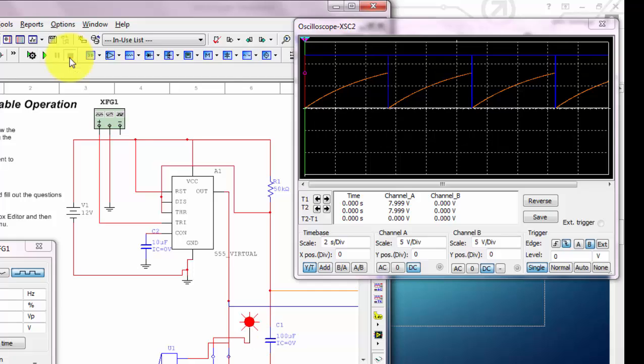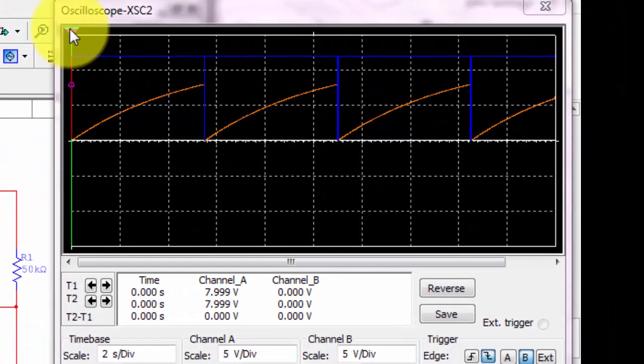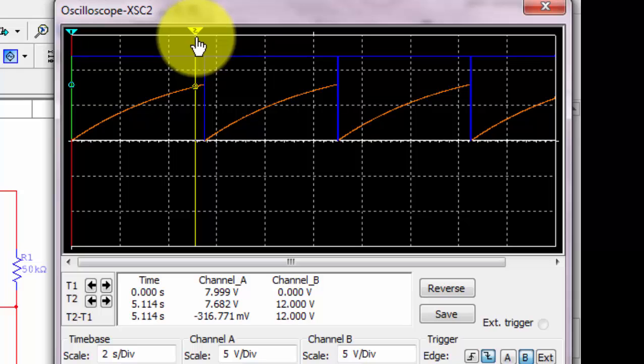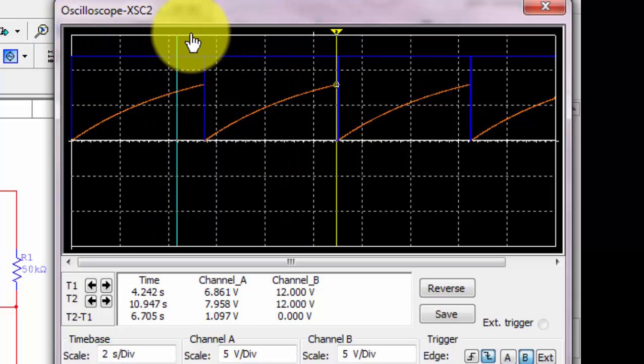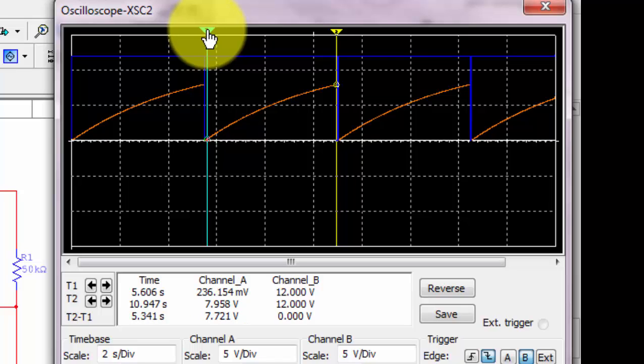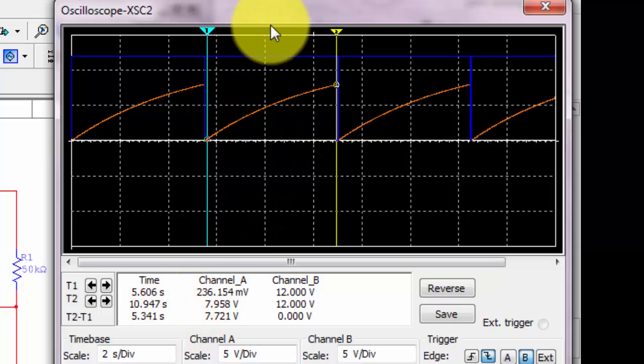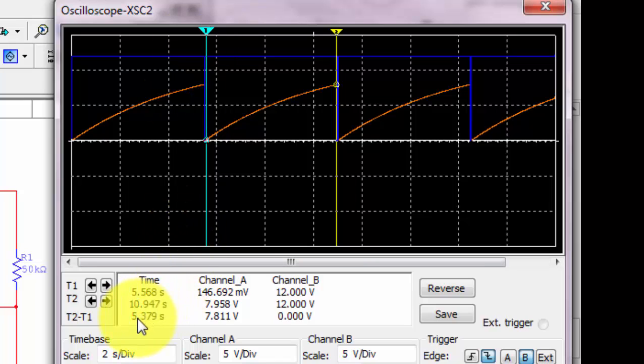Right, let me pause it now, and you can see here I have two cursors that I can use for the timing, so I'll put one right here and one right here. Hence, what you should see is a timing interval, let me put that right here, of 5.379 seconds. Let's try.